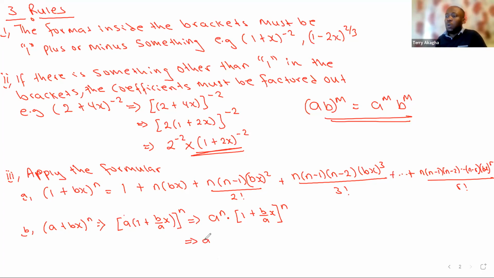So let me start from the beginning so I can have enough space for that. So that means what is going to happen here is the a raised power n is going to be outside, okay? We're going to apply the formula. So the same way we say 1 plus bx, instead of having bx, we're going to have b over a. So it's going to be 1 plus n.